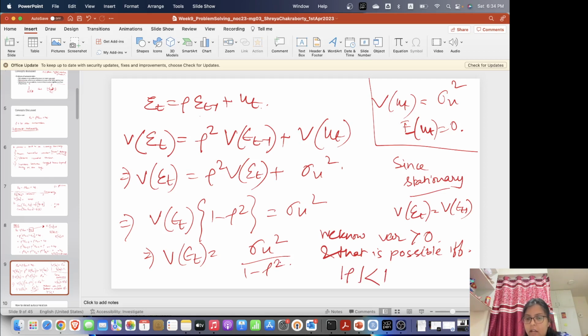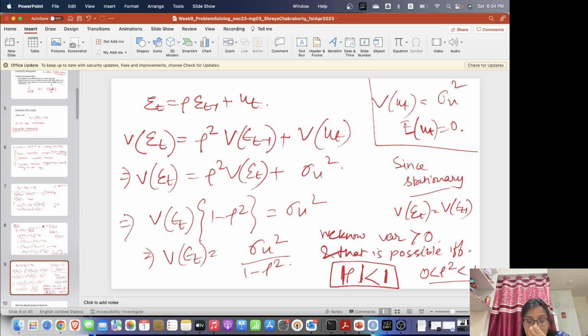Because rho square should always be greater than 0, and it should always be less than 1. So 0 less than rho square less than 1. So the modulus value of rho should also always be less than or equal to 1. So this is the condition under which an AR1 process is stationary.